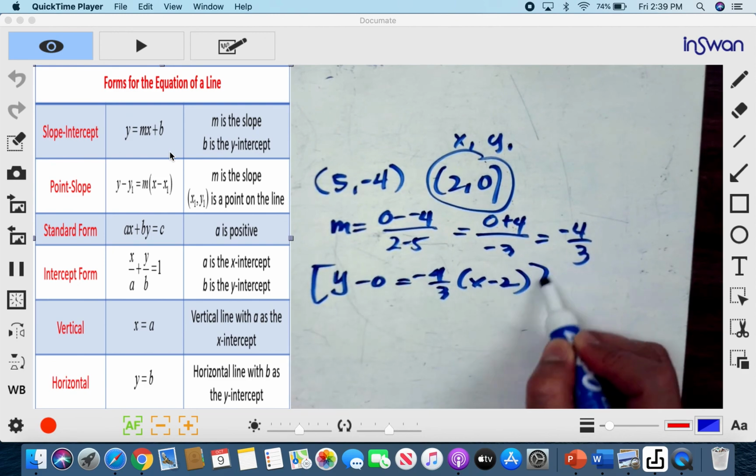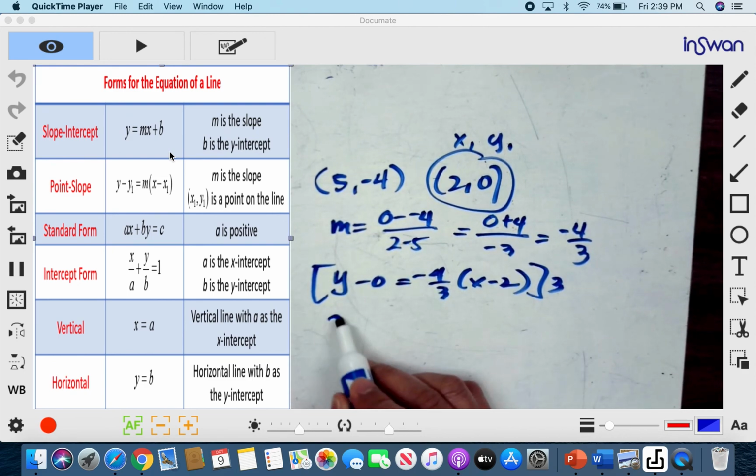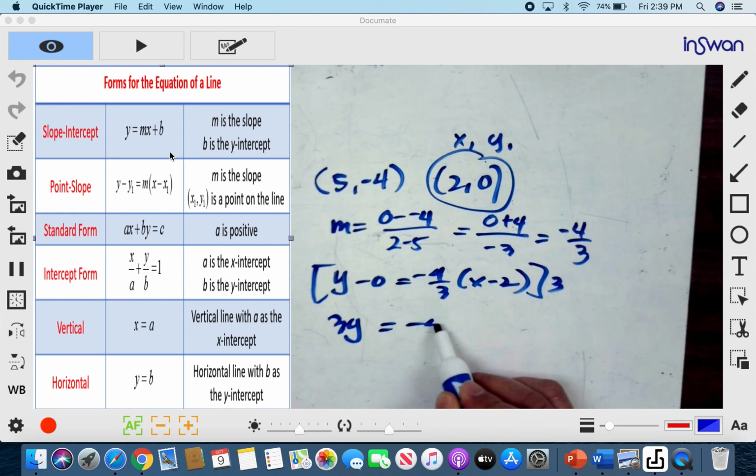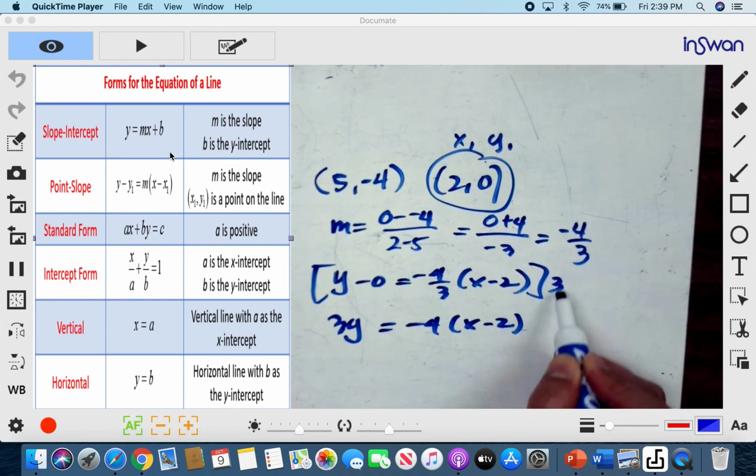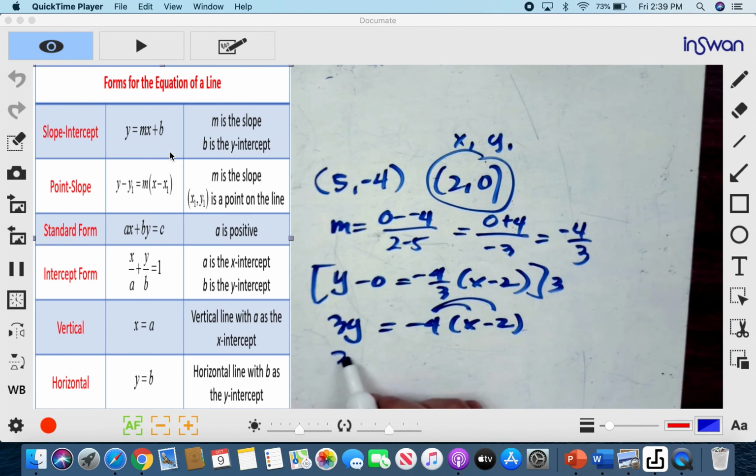And if you multiply by 3, you have 3y equals negative 4 times x minus 2. Notice that it's always cancelled out and we just have to distribute that. So 3y equals negative 4x plus 8 because negative 4 times negative 2 is 8. And of course, we always want to keep x to be positive, so we will move it to the other side and you have this.